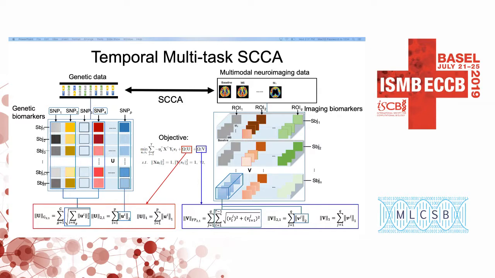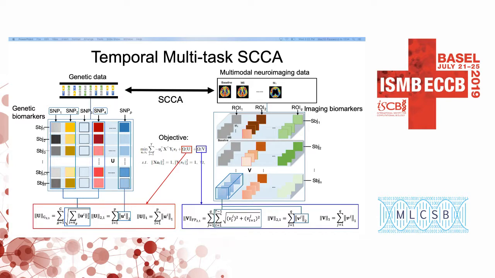On the genetic side, we consider the LD block information. We first use the G21 norm to constrain those SNPs from the same LD block and across multiple time points. We constrain them together to make a stable feature selection.